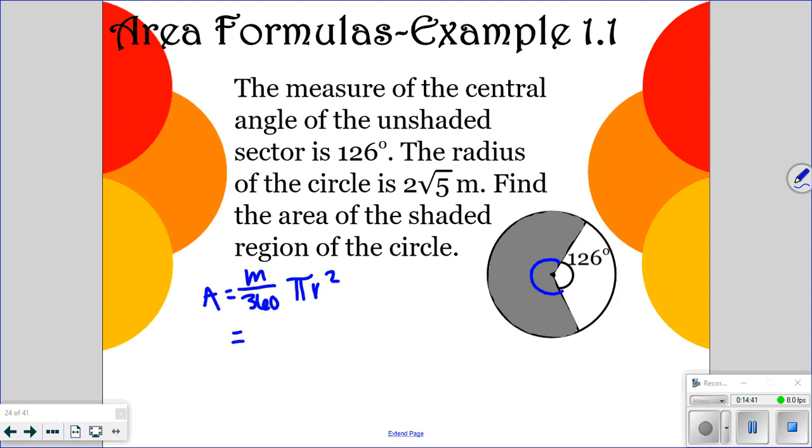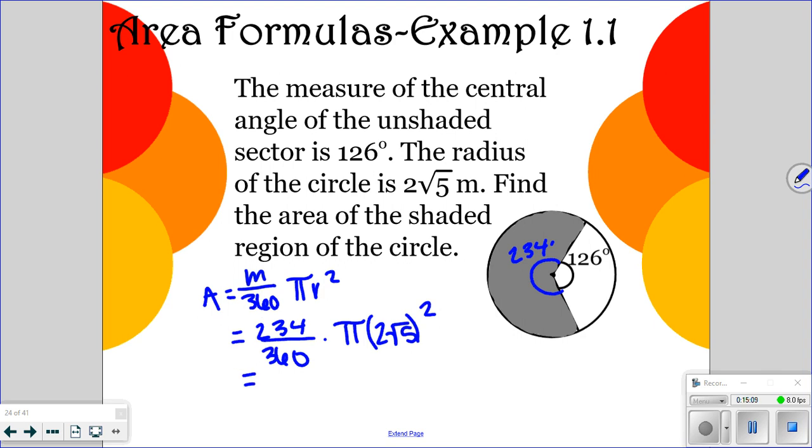So if you subtract 360 minus 126, you're going to get 234. So you're going to do 234 over 360 and then times pi radius squared. And your radius is 2 square roots of 5. So then we're going to simplify that.